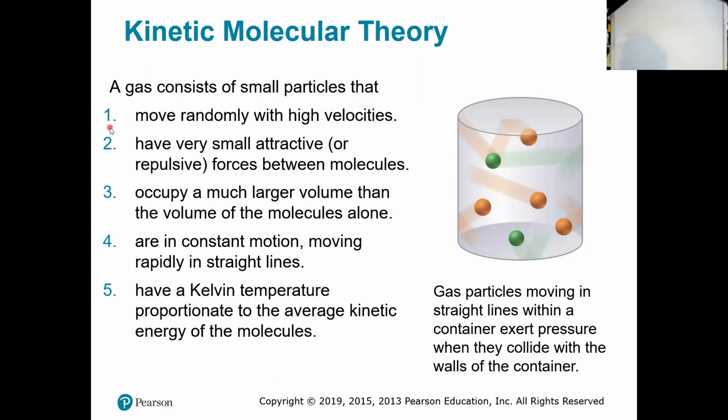And the first point of this kinetic molecular theory is that our gases are going to move randomly at all times with very high velocities. This random movement, to connect it to point number 4 here, is going to be in straight lines, and the movement is going to be constant. Gases never take a break; they never pause.